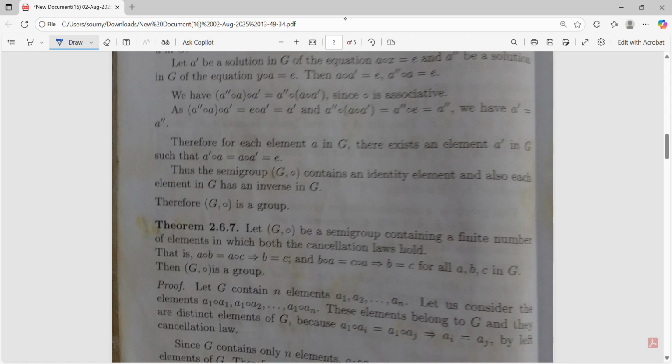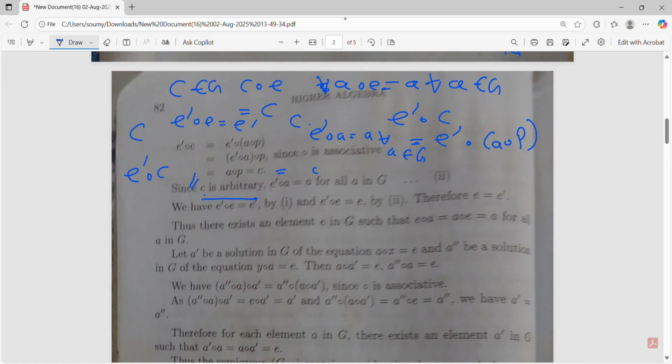Similarly by equation 2 we can write E compose E equals E. So from these two equations we can clearly write E equals E dash.